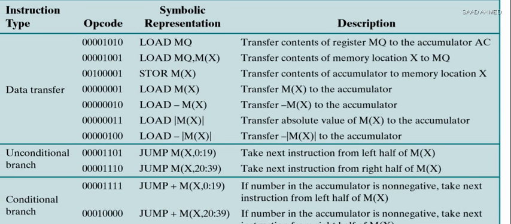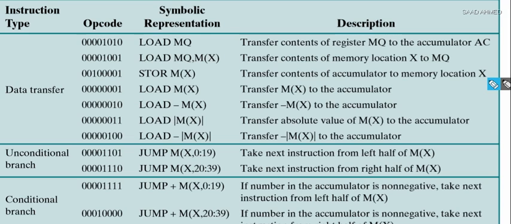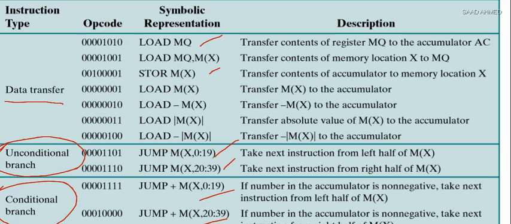If you look at the instructions which the IAS had, we had some data transfer instructions like load, store, and other transfer instructions. Then we have unconditional branch instructions. We are going to discuss these jump instructions later. Then we had some conditional branches, which execute when some kind of condition is met, and these are also known as decision making instructions.